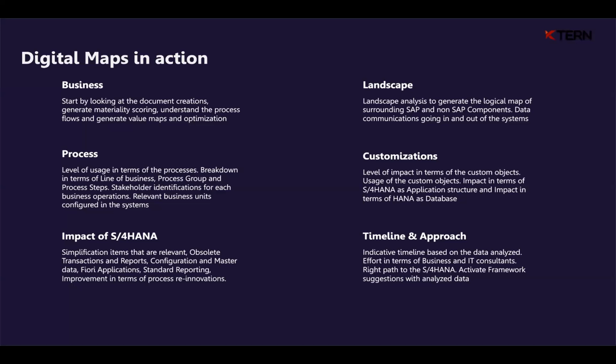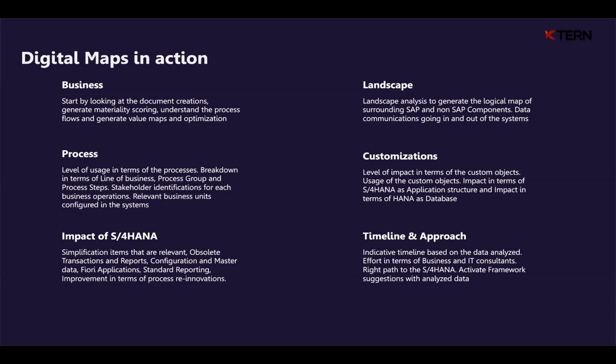So let me jump into the demo real quick, but before that I just wanted to set the stage in terms of what it does. The rule engine starts by looking into the documents and generates a value map, which I'll show in a second.